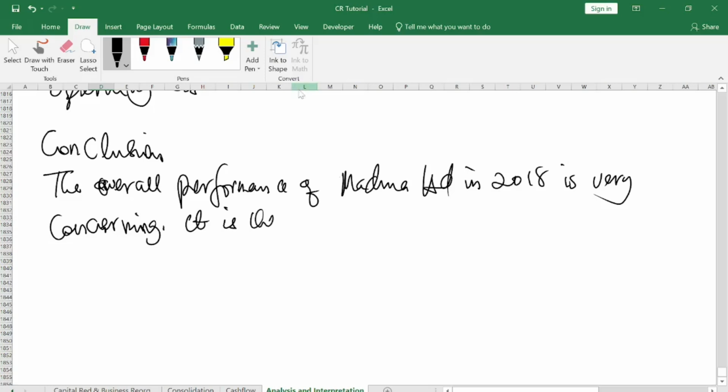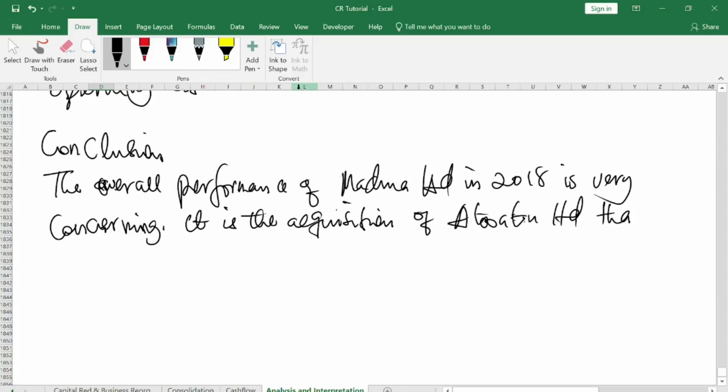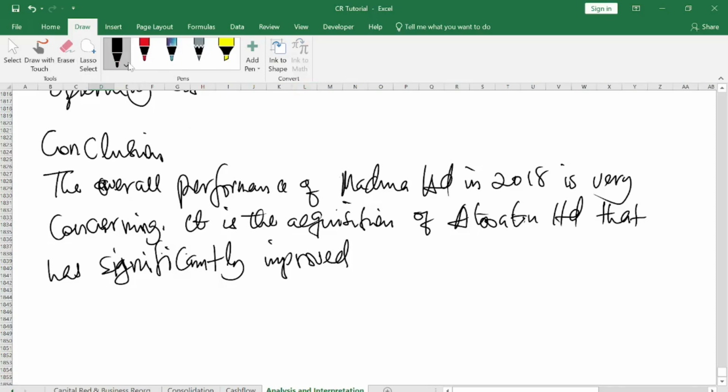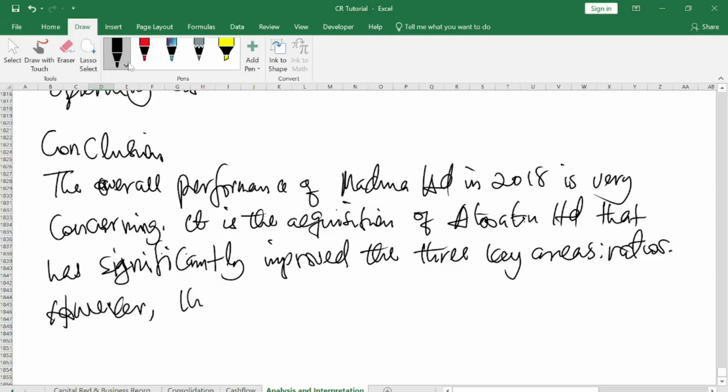It is the acquisition of Abu Abu Limited that has significantly contributed or improved the three key areas.